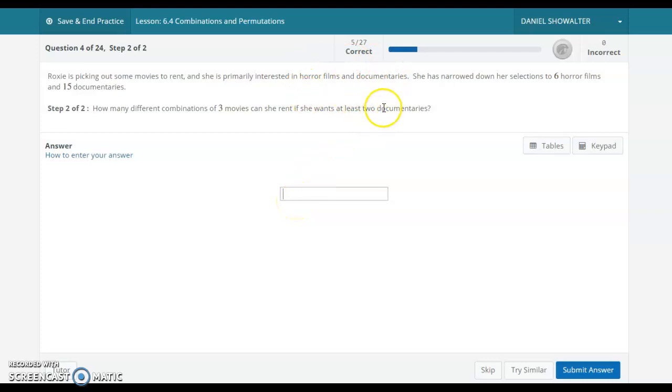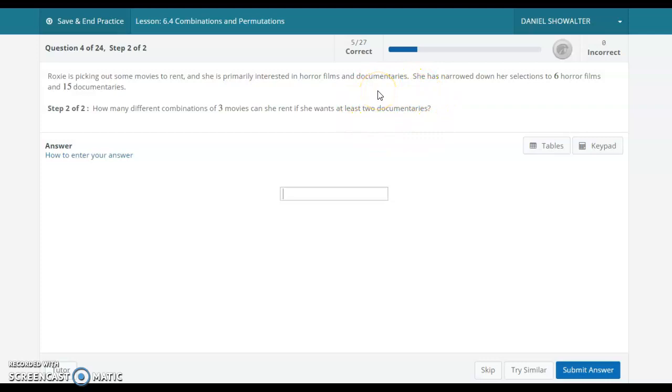So here it changes a little bit because now we do have a limitation on how many of each to get. So really there's 2 cases here. She could either get 2 documentaries and 1 horror film, or she could get 3 documentaries.